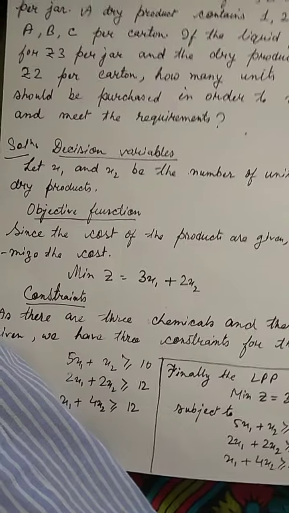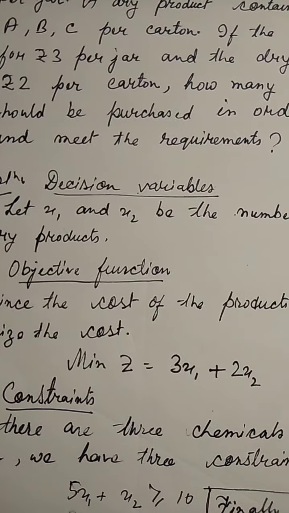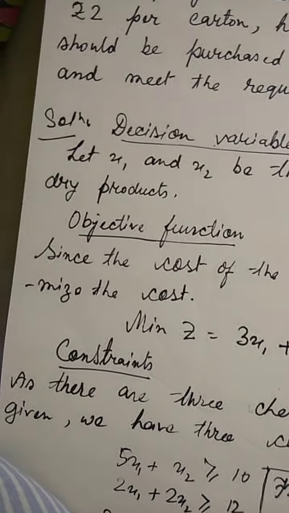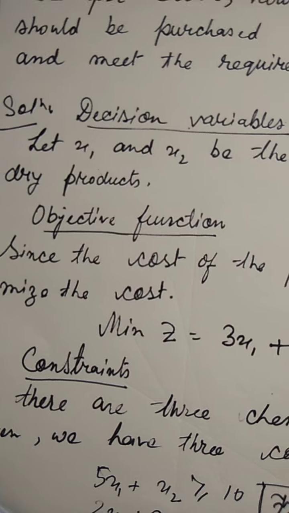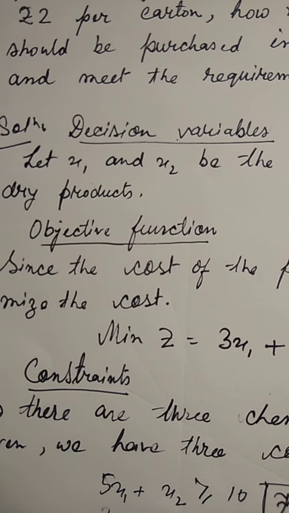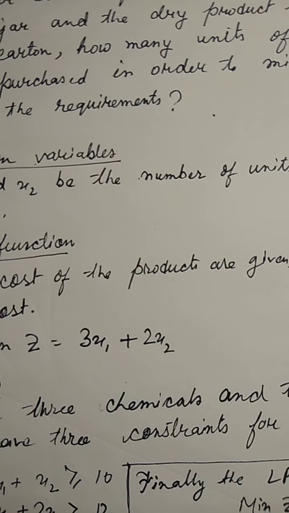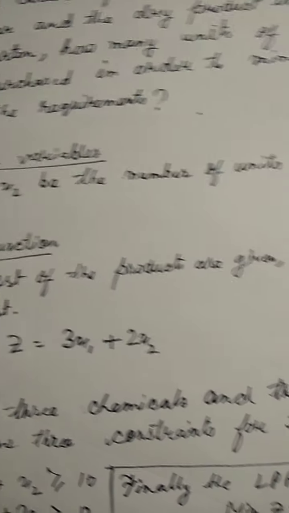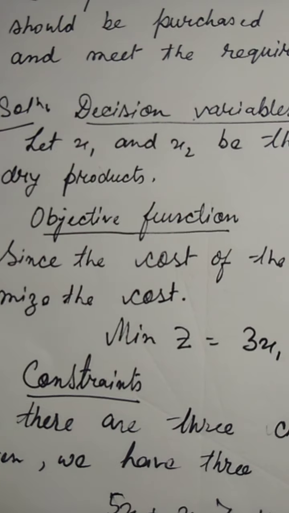So, what do we write? We write, let x1 and x2 be the number of units of liquid and dry products. So, we are assuming that x1 jars and x2 cartons will be required in order to fulfill our necessities.